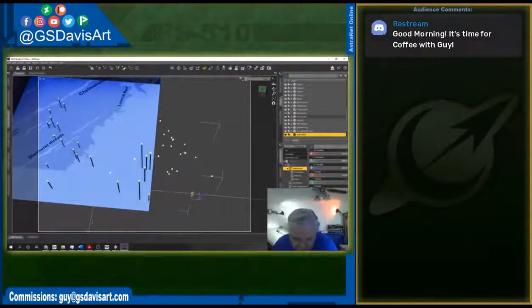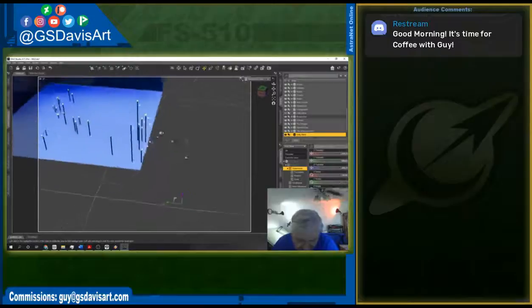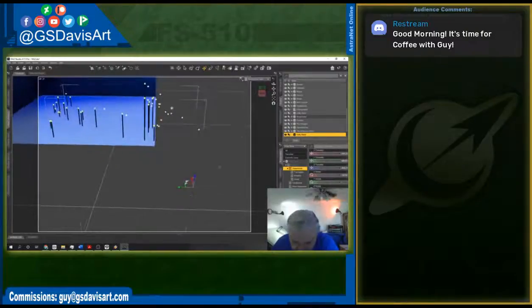Right. And that's exactly it. Look at that. The star patterns start to match. So it has decided, for reasons that are beyond all of us, to invert our stars, which is fine.